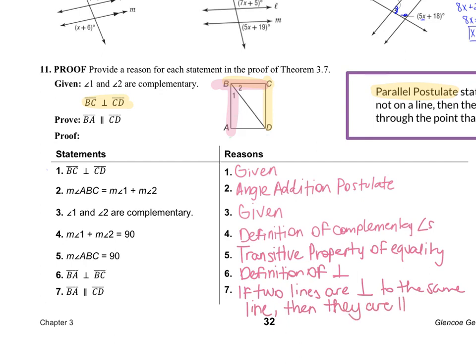Looking at the picture, pink and yellow are both perpendicular to this same line, BC. That makes BA parallel to CD. Do we have any questions?